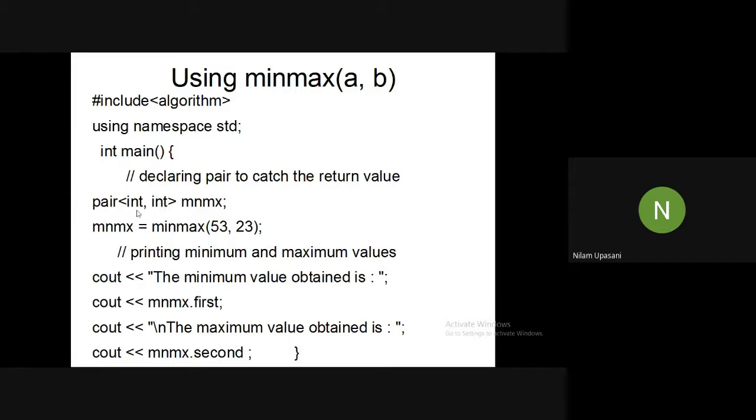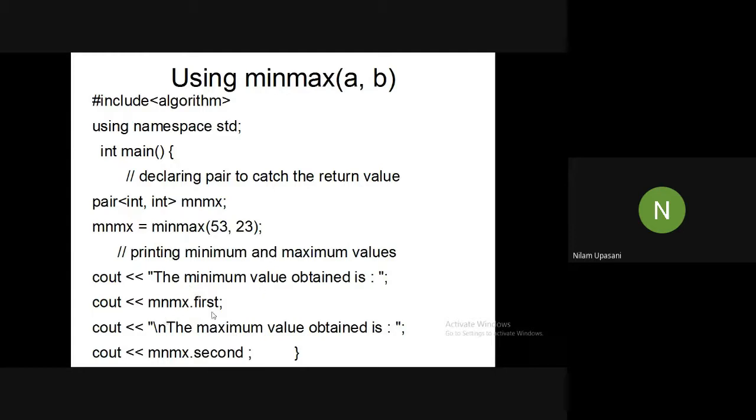Pair is an object which holds two values together. Now from the two values I first want to take out the first value, then the second value. How will I mention that? When I say mnmx dot first, which value comes there? Your first value. And mnmx dot second, when I say that, I'll get the second value. Here is how we are accessing the first and second value. This min max returns the first minimum element, which gets stored in the first value.